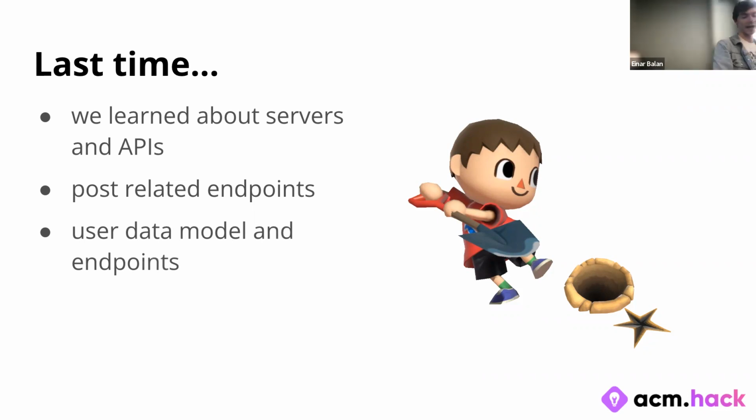But after the fact, we added a user data model, which is like a schema for users. And we also added some user-related endpoints. So that's stuff like login and creating a new user. Check out the write-up if you want to refresh your memory even further in more detail.